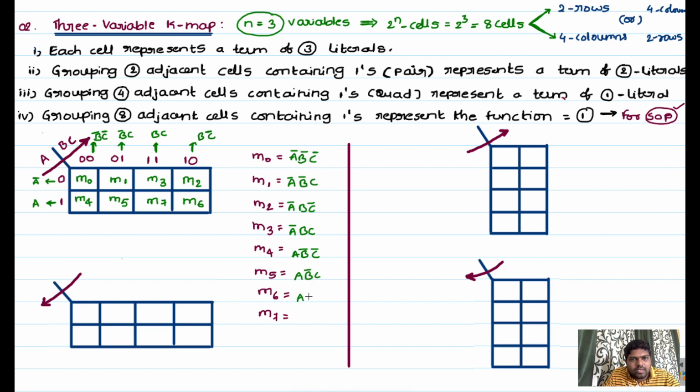And next a, b, c bar. And the last one is a, b, c. So these are the product terms, that means min terms. Because of sum of product, we could take min terms for this three variable k-map method. So this is the arrangement of the three variable k-map method.